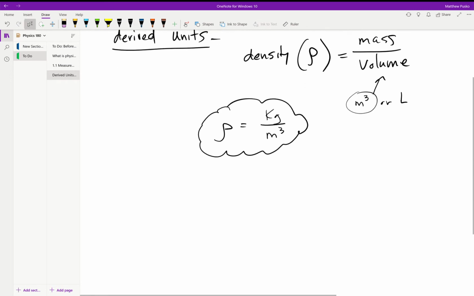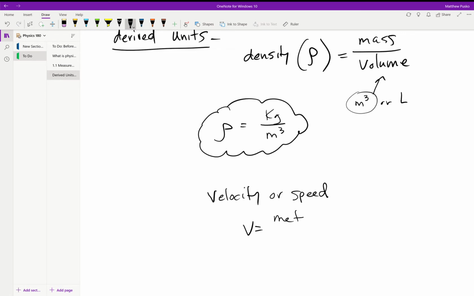Another example of a derived unit, which we're going to get into, is velocity or speed. Velocity has units of meters per second.